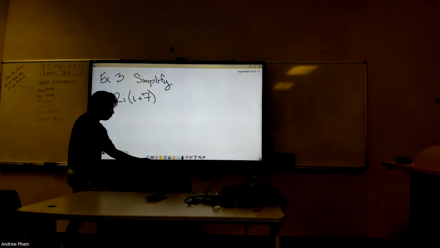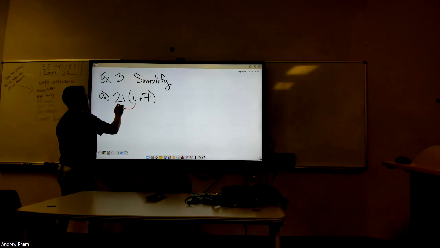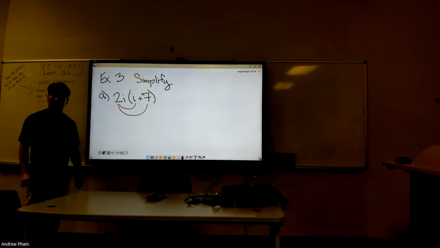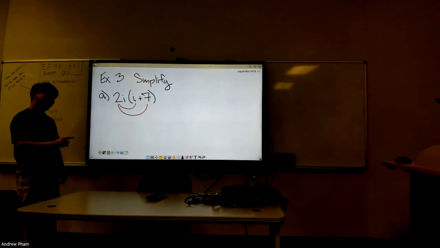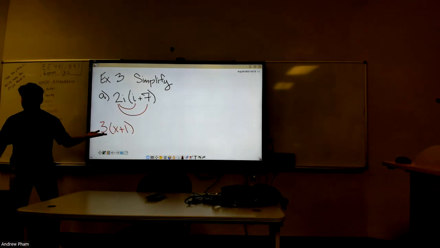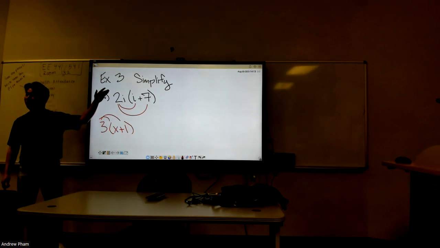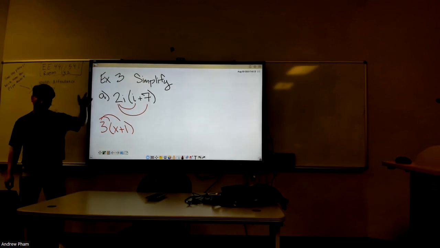That is, I can look at this 2i, multiply it to the first one, and multiply it to the second one. Exact same idea as if I gave you this here. If I gave you that, you can just distribute 3 to x, 3 to 1. I'm doing the exact same thing for this problem because it is a single term times whatever.